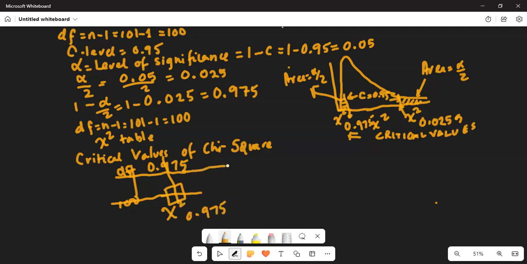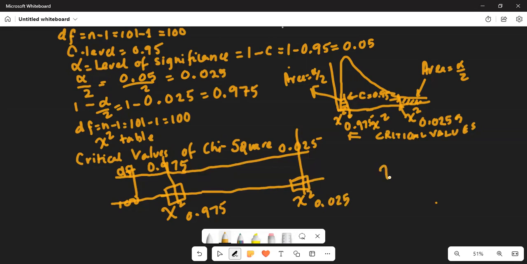And farther to the right in the top row, I'm looking for the title chi-square 0.025, and the intersection of that with row 100. So this will be chi-square 0.025.